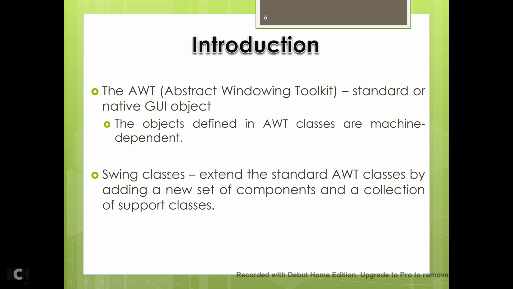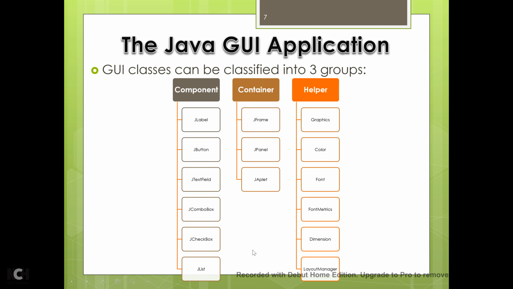So Swing classes extend the standard AWT class by adding a new set of components and a collection of support classes. So we can assume that we have the AWT class, and now Java introduced the Swing class, but the Swing class is an extension to the AWT class. Yeah, but of course with new features and components.